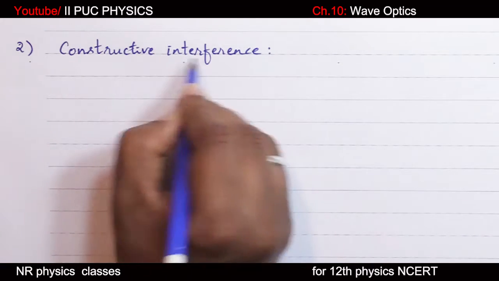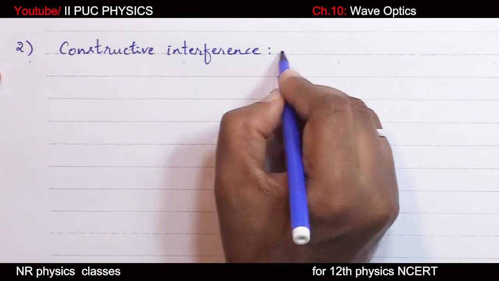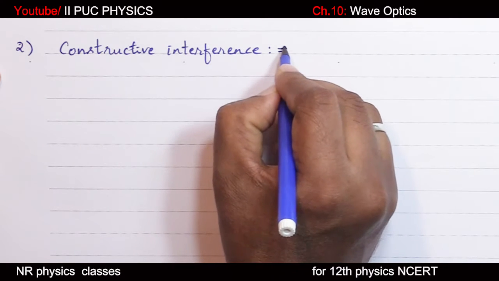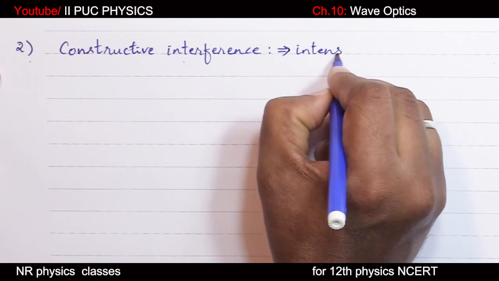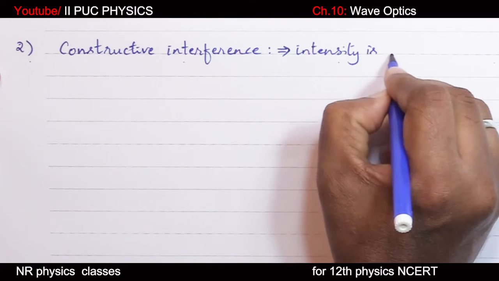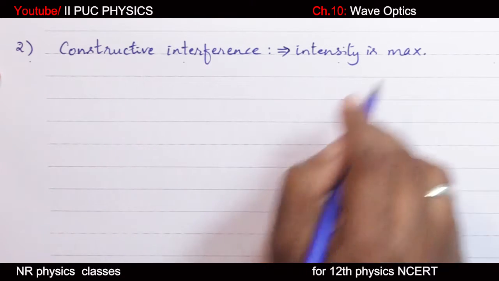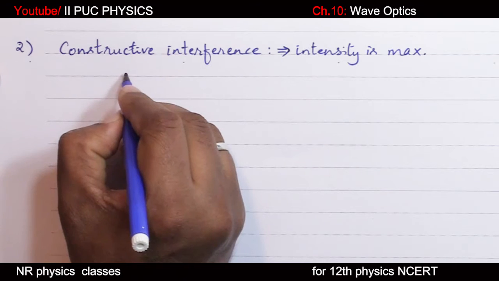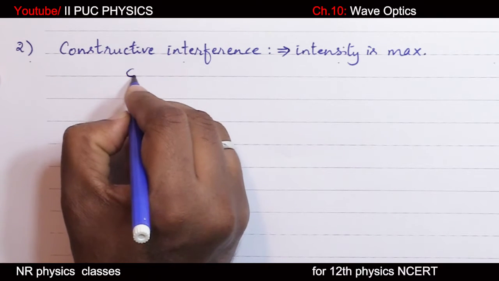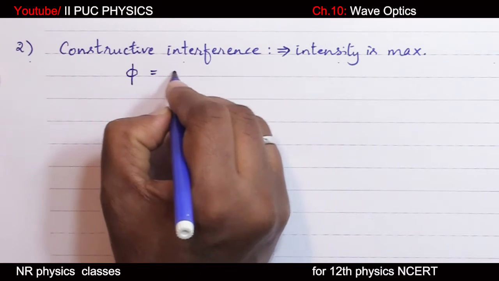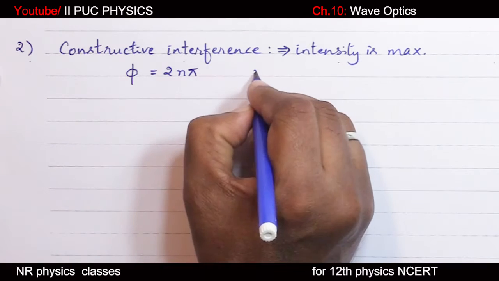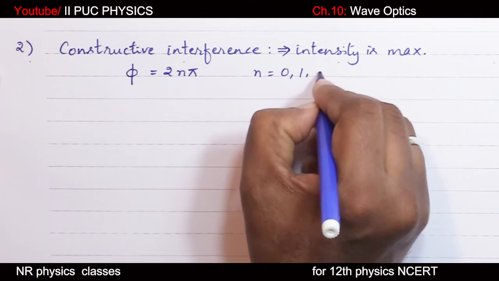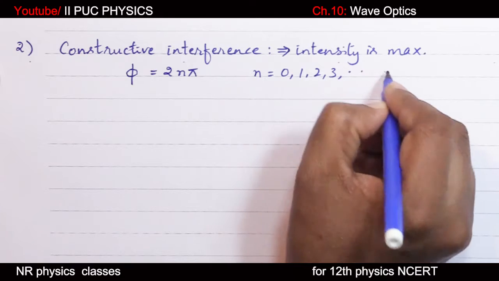So interference is said to be constructive if intensity is maximum. And condition for constructive interference in terms of phase difference, 2n pi, where n is 0, 1, 2, 3, etc.